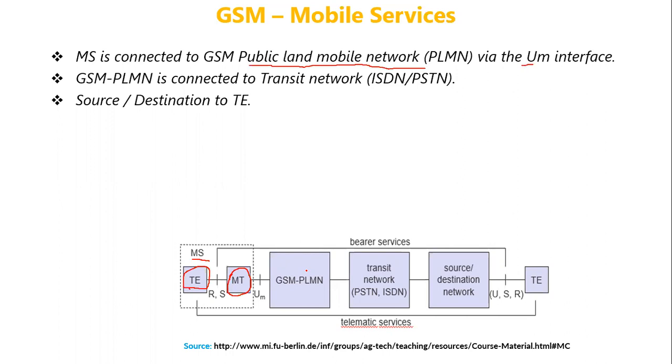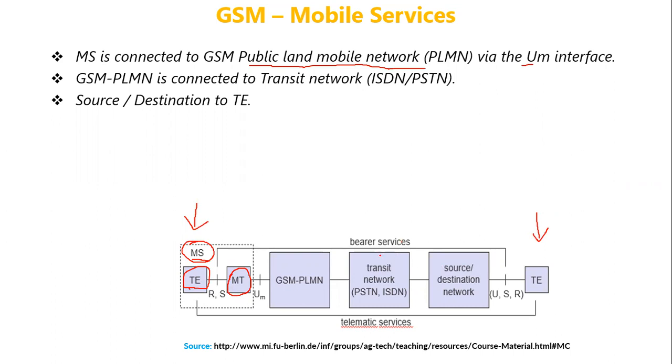This transit network in turn may connect to multiple source or destination networks, depending on where the destination mobile or the destination equipment is available. This is like a call being established from one station to another. The station that creates the call is a mobile station, but the station receiving the call may or may not be a mobile station.